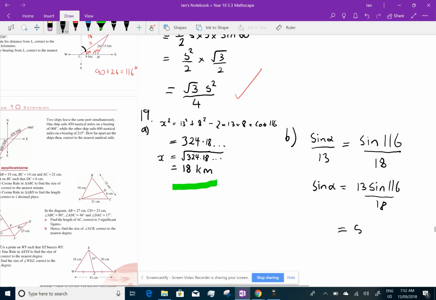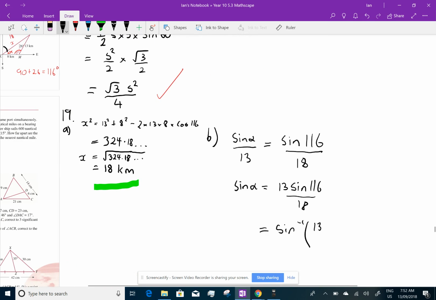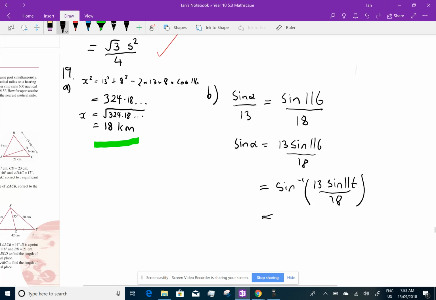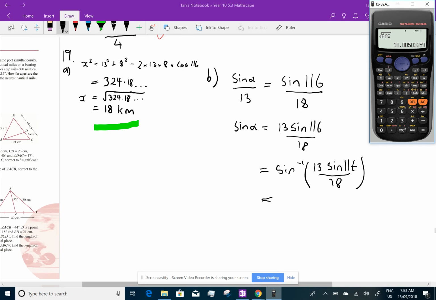And I inverse sine all that to get my final answer. So let's get the calculator up.